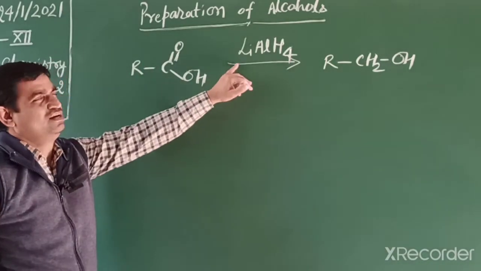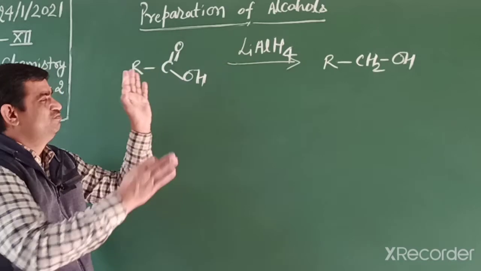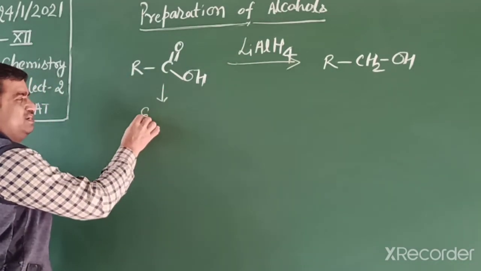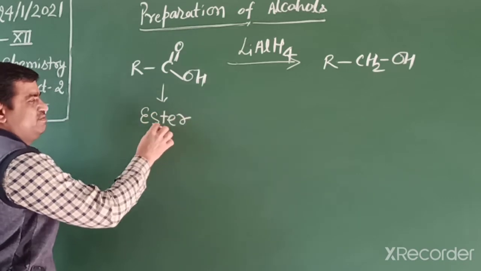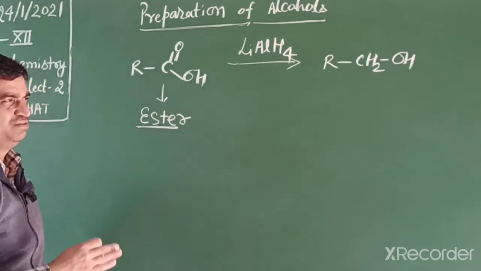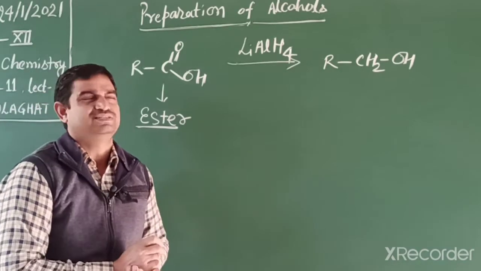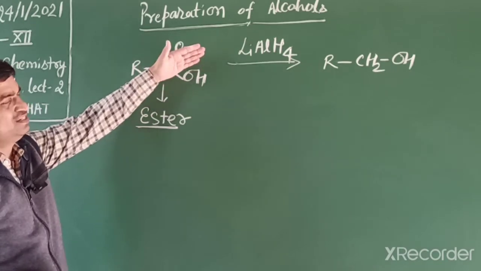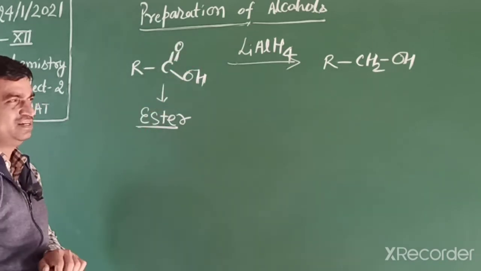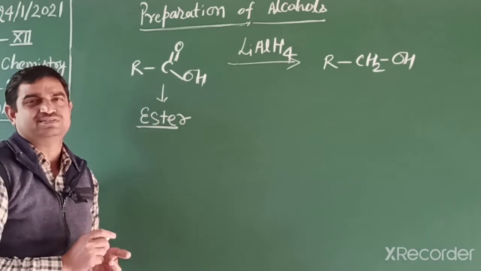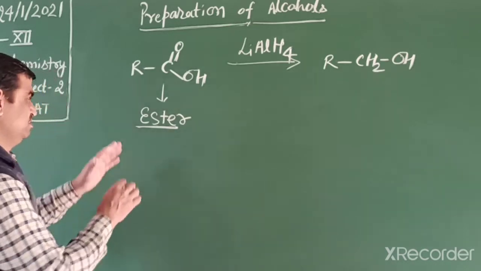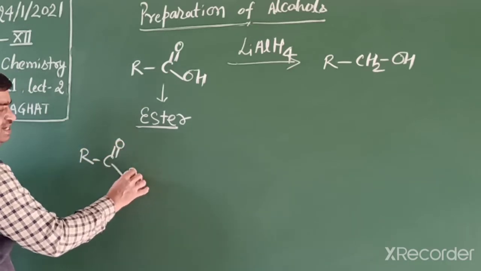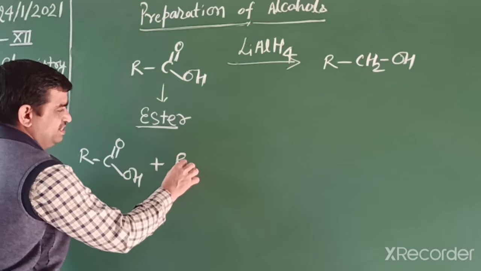But this reagent is highly expensive, so we first convert carboxylic acid into ester. In industry we convert carboxylic acid into ester, and further we use a cheaper reagent. In 10th class we already discussed how to prepare ester, and in the next chapter also we will discuss it. For an ester we need a carboxylic acid as well as an alcohol, which is already prepared.